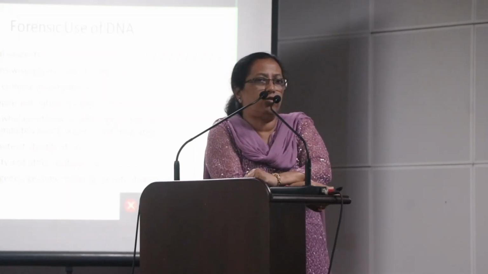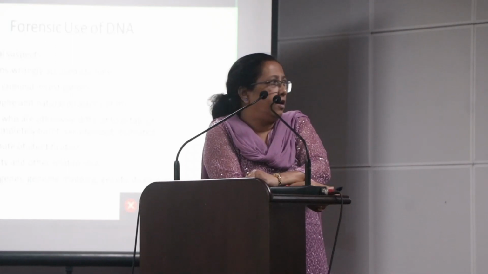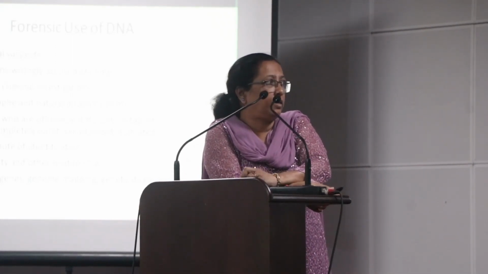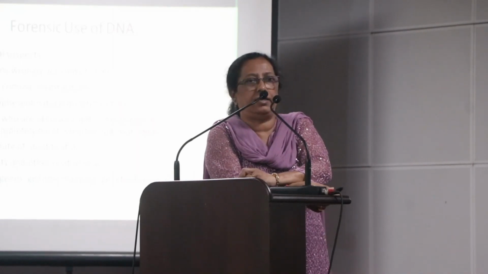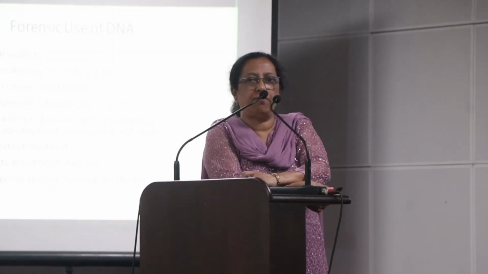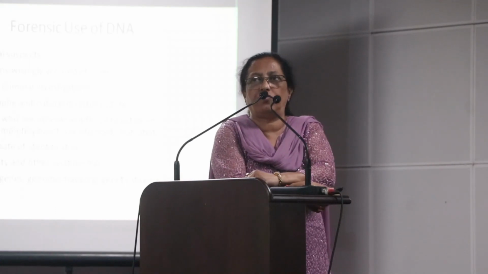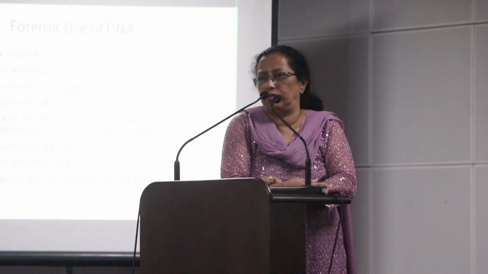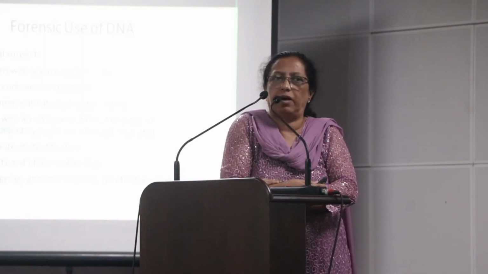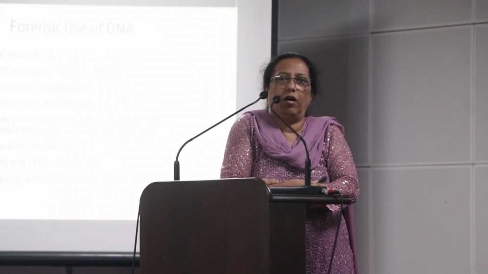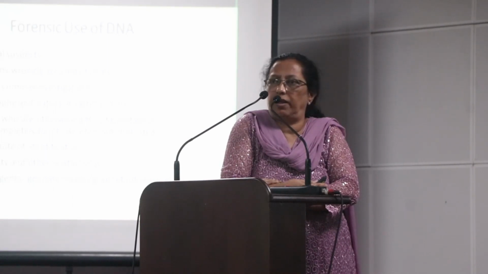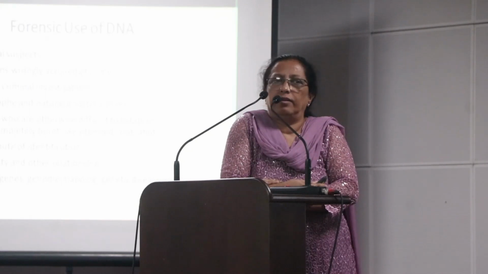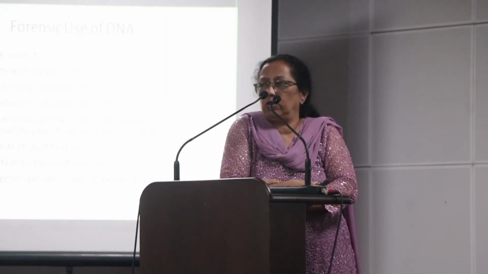To solve any dispute of identification, establish paternity and other relationships, detect mutated genes, genome mapping and genetic disease analysis. The last one is important for certain diseases which have to undergo several research processes, like multiple sclerosis, multiple myeloma. These are the things where genome typing has to be done.